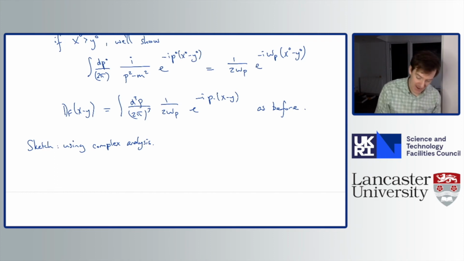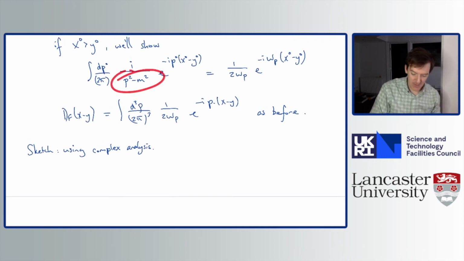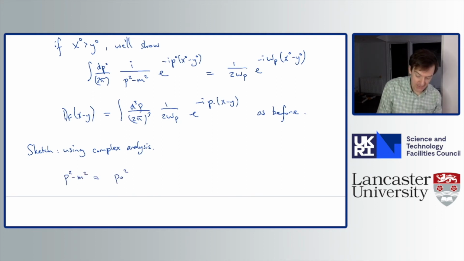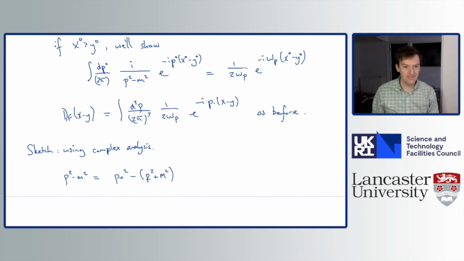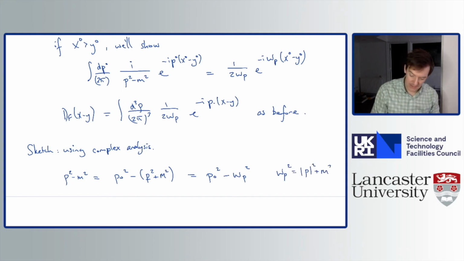So what happens? Well, we have this pole that we have to worry about, the p² minus m² piece in our expression. This is p₀² minus |p|² plus m², or let's write it as p₀² minus ω_p². Here we're defining ω_p² to be |p|² plus m².